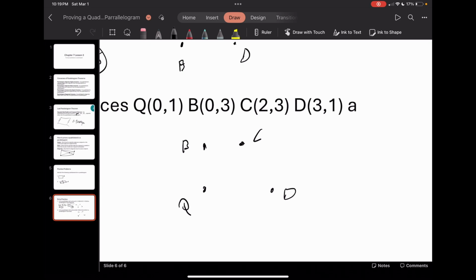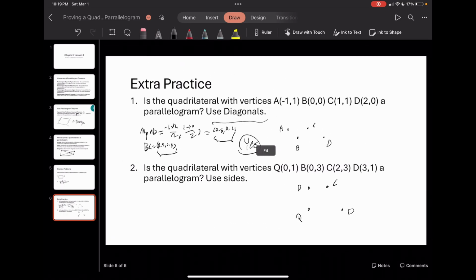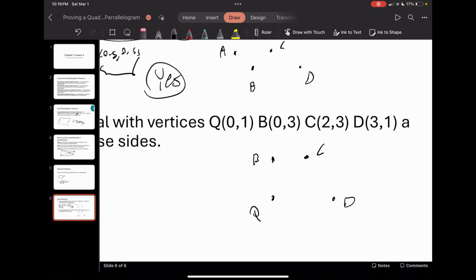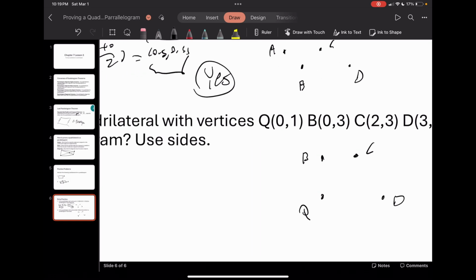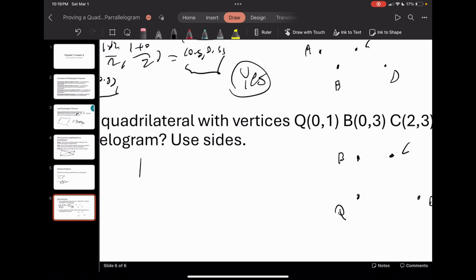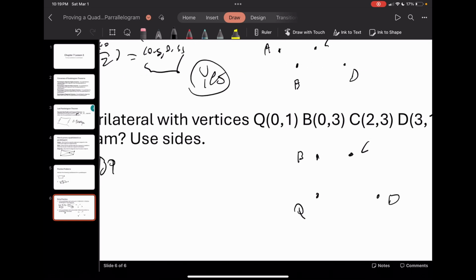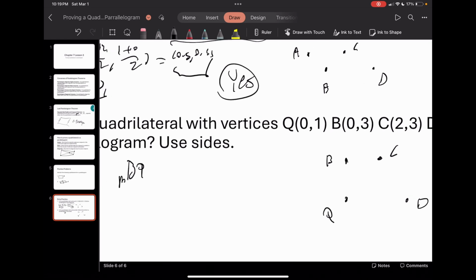By show, you actually have to show it, not just plot it. You have to show that it makes sense. So with sides, let's see BQ and CD, because those are the two obviously non-parallel sides. For BQ, the slope M is 3 minus 1 over 0 minus 0, so this is a vertical line.